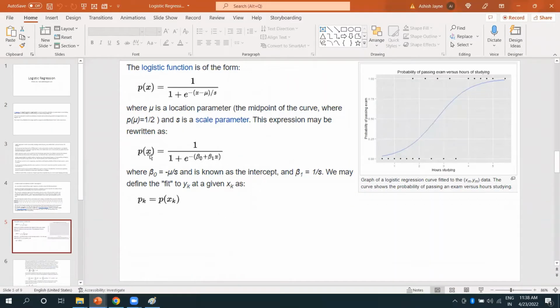A value x is passed to a function where the input vector x is multiplied by a weight vector of betas, and that is passed as the negative exponent to Euler's constant. So this forms the basis of neural networks.